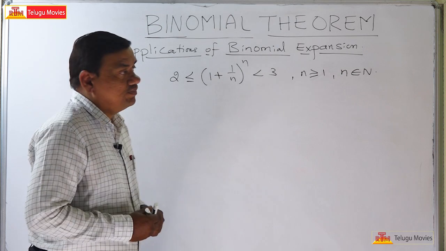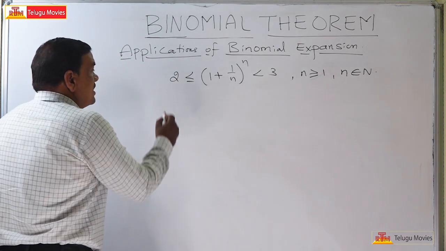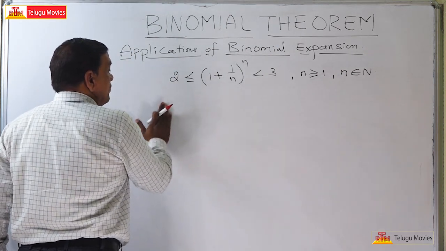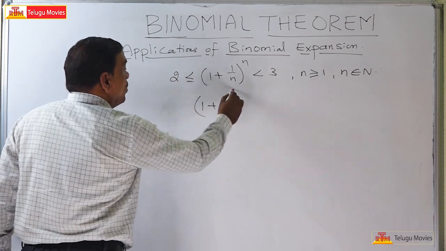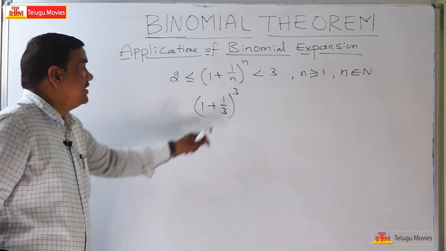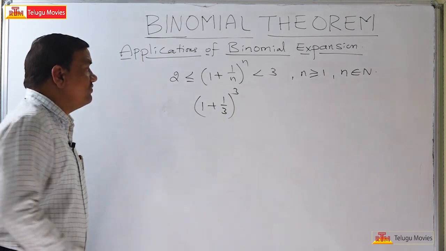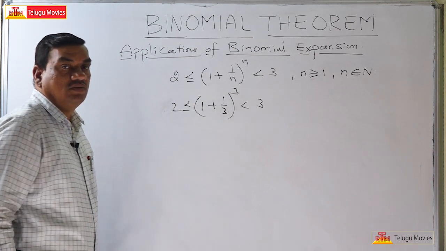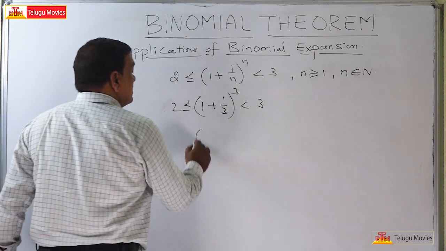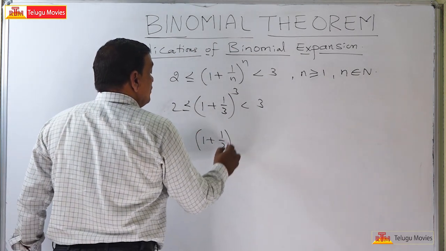Understand? For example, if you want to find the value of (1 plus 1 by 3) whole to the power of 3, its value lies between 2 and 3. Otherwise, let us take one more example: (1 plus 1 by 2) whole square.